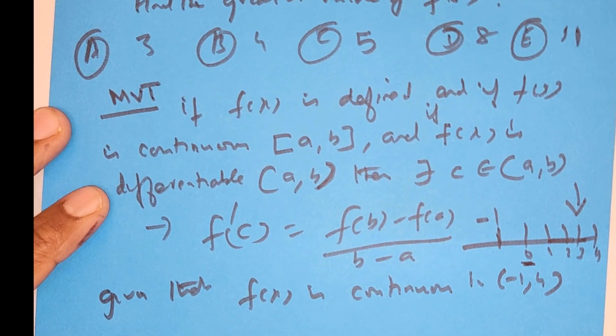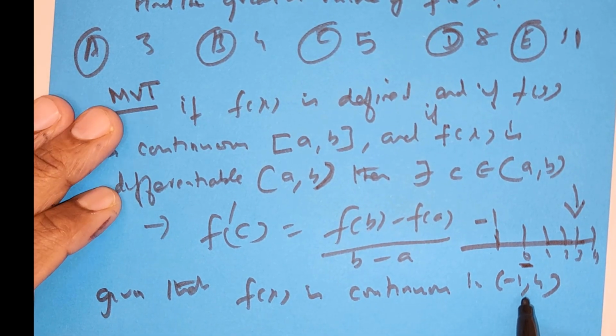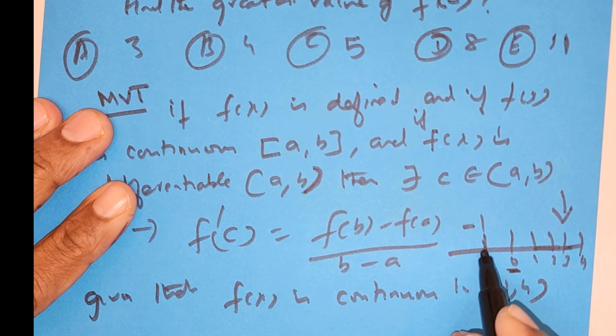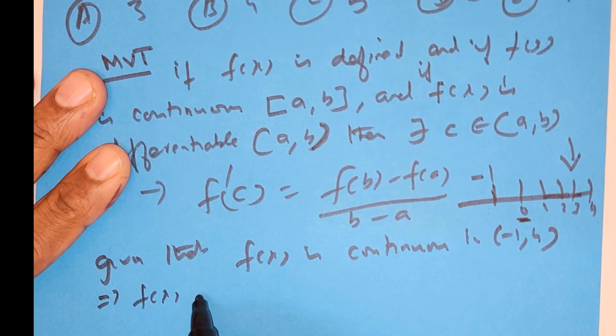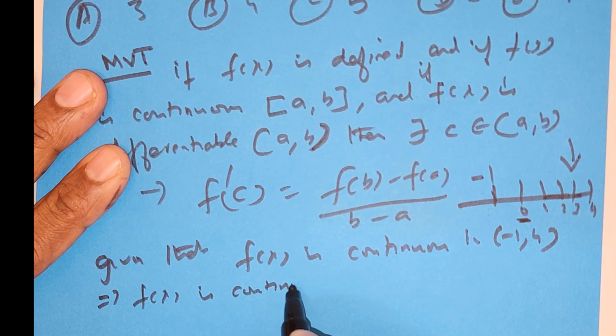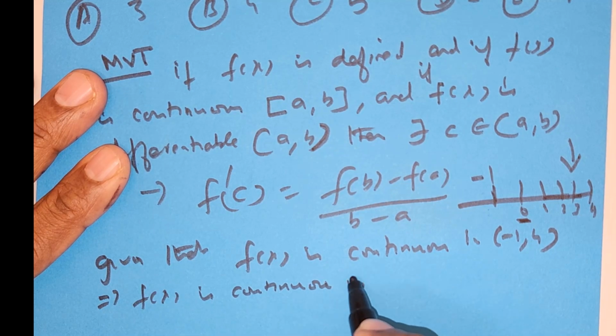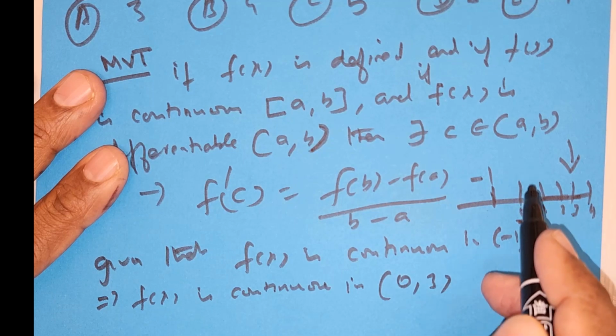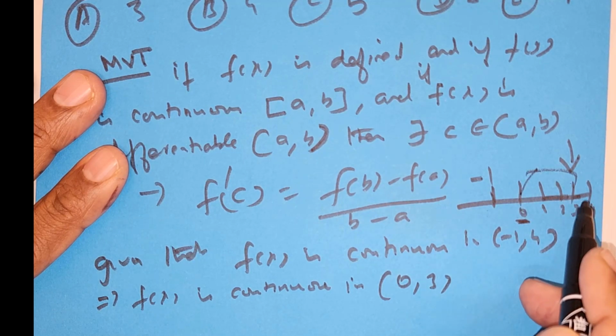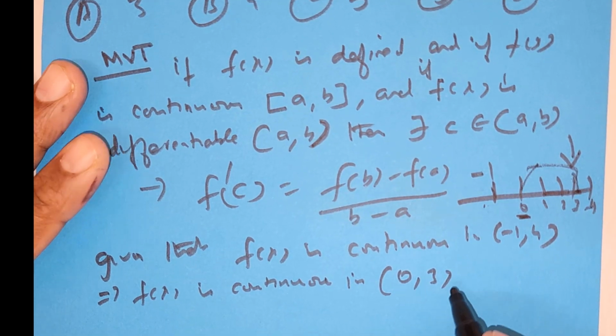Okay, so coming back, given that f of x is continuous between -1 and 4, this means f of x is continuous in what? 0 and 3, right? Because 0 and 3 is actually inside -1 and 4.